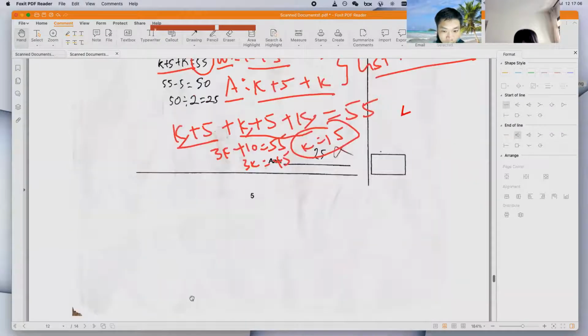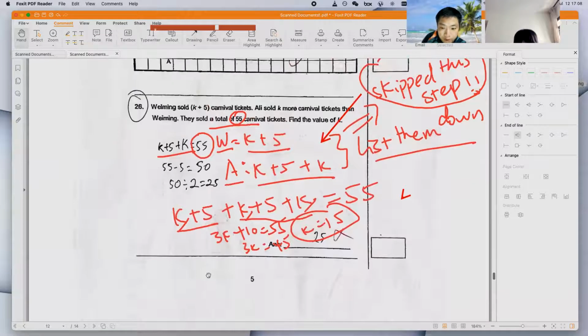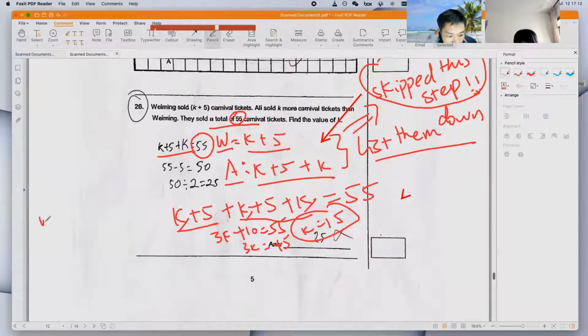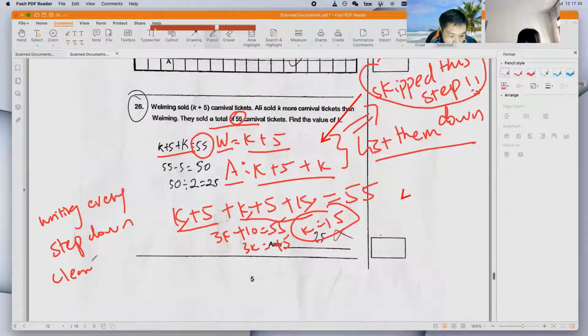This is one of the good habits you need: writing every step down clearly. It's a very good habit for every student to have.